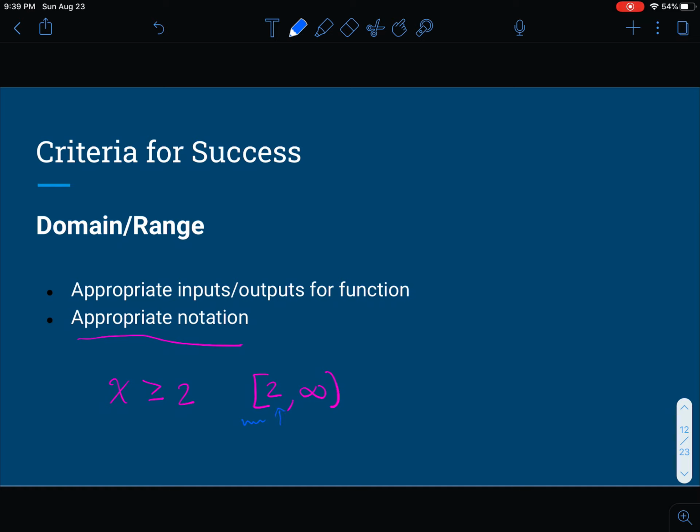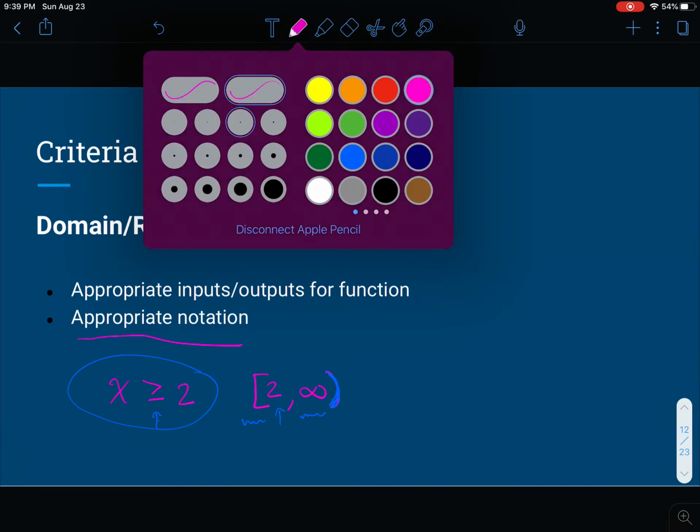And since we have this equal to here, we would have to use the bracket. And then this original statement says it's every number that's greater than or equal to 2, which means we'd have to go all the way to infinity. Now, whenever there's an infinity, we will have that parenthesis because you can never reach infinity or negative infinity. So we use the parenthesis for that.